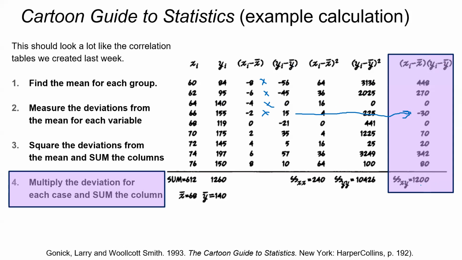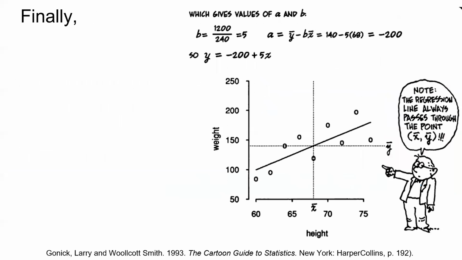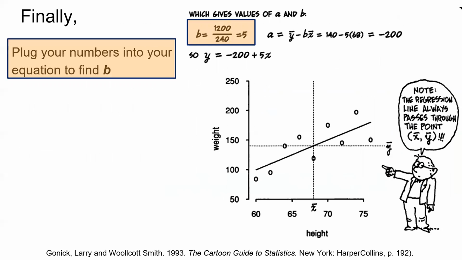So now we have all the things that we need to formulate our equation. The next thing we do is plug our numbers into our equation to find B. We had 1200, and where did that come from?